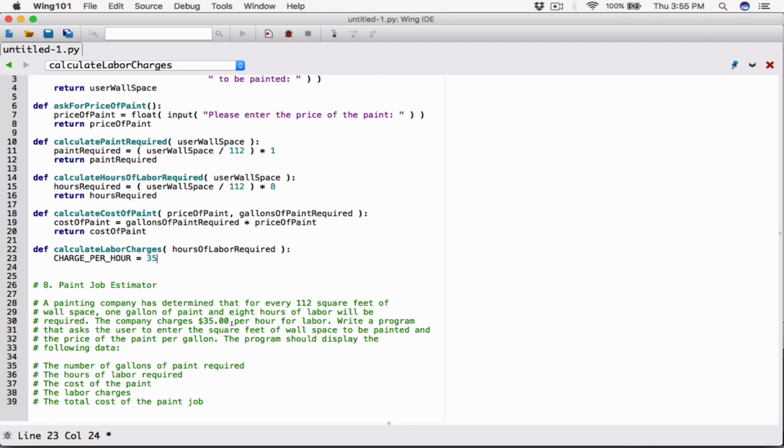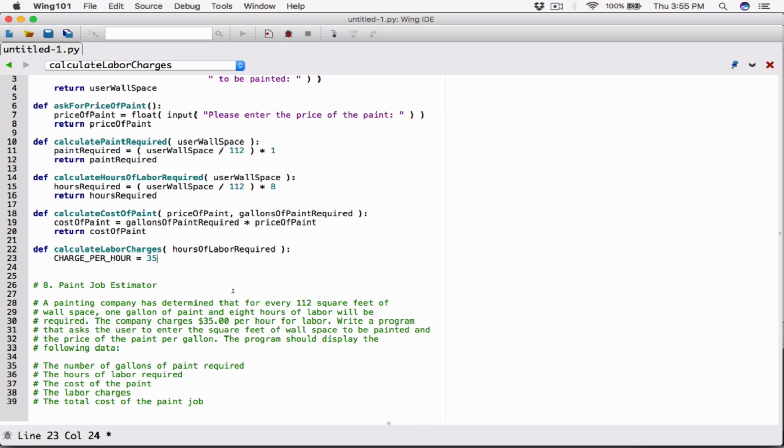There's really no true global variable in Python. You can define a variable as global, but you can't really have a real constant. In Java we have a final variable, which is a real constant. In PHP you can define a constant, but in Python there's really not.